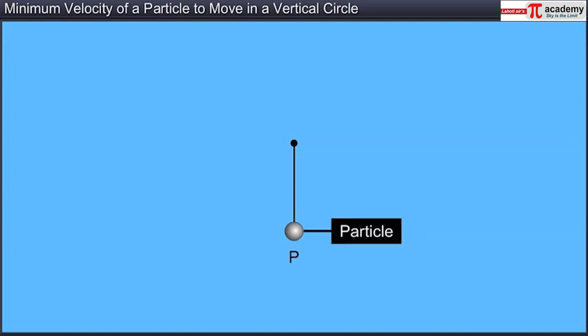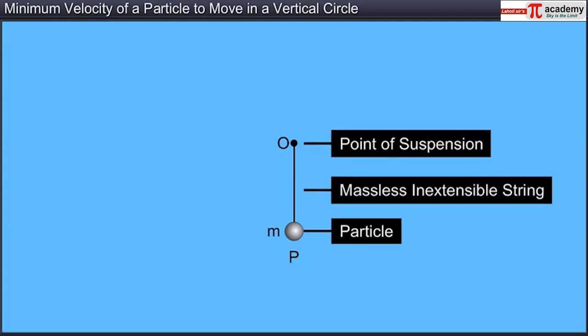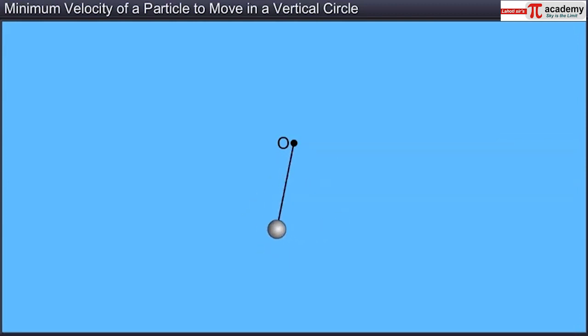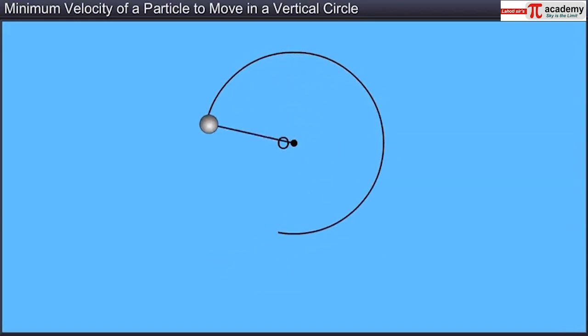Consider a particle of mass m suspended from a fixed point O by a massless, inextensible string. It is imparted an initial velocity v1 in the horizontal direction. If v1 is greater than the critical velocity, then the particle starts moving in a vertical circular path.